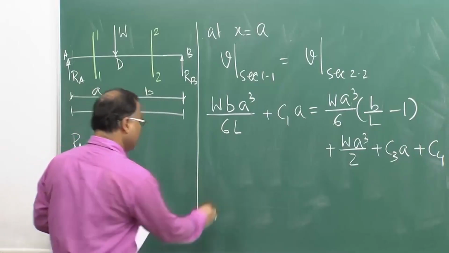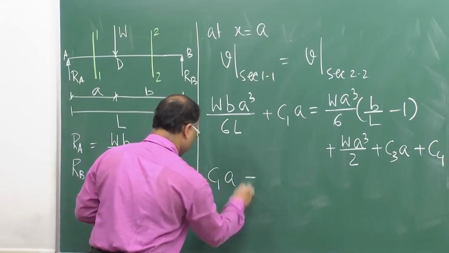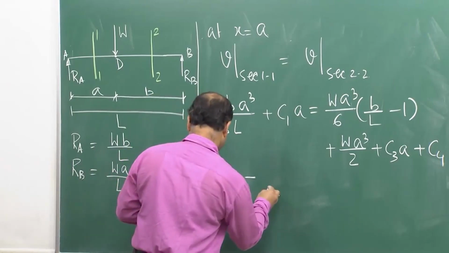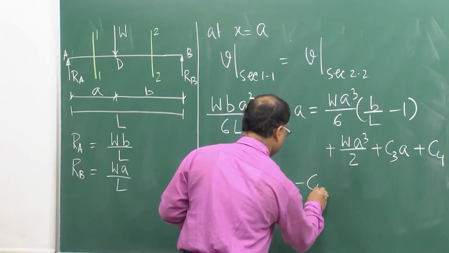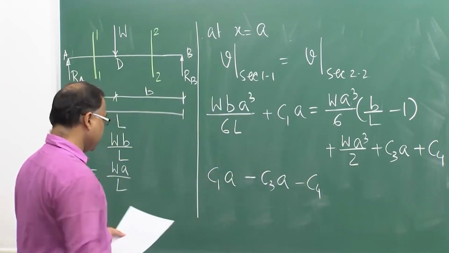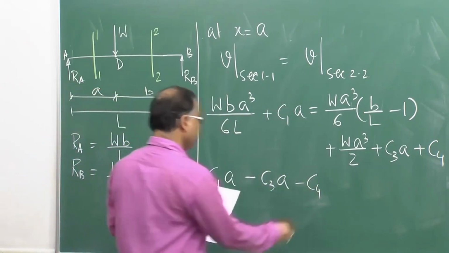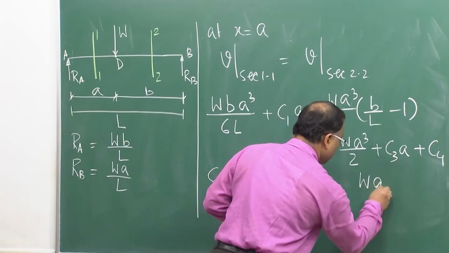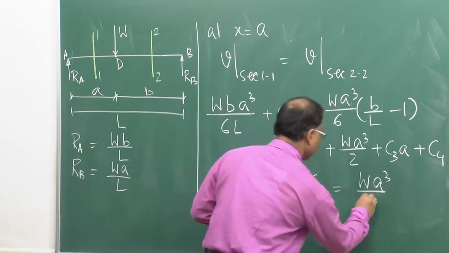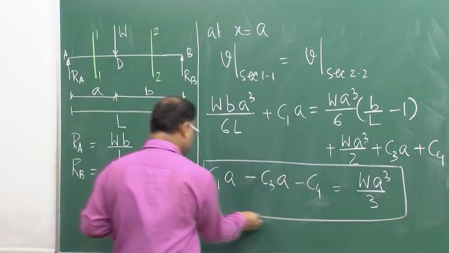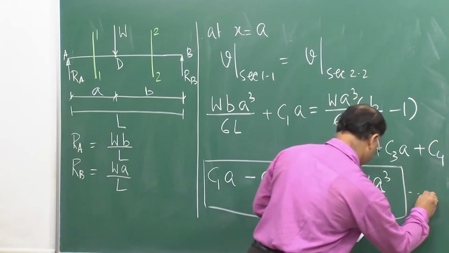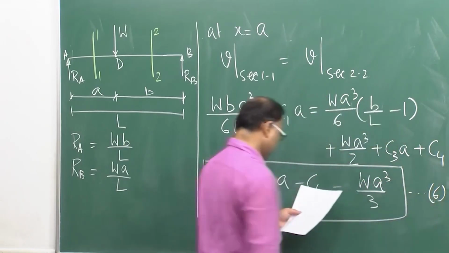From this I will get a relation among C1, C3 and C4: C1 a plus C3 a minus C4 equal to W a cube by 3. Say this is equation 6.